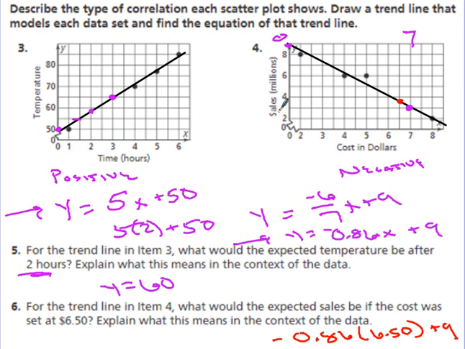Or I could actually solve the problem, and I could do 0.86 times $6.50. That gives me $5.59 plus 9. I'm sorry, I should have been minus 9. Whoops, I forgot about my negative. I'm just doing this on my calculator right now. I apologize. I have to do 9 minus 5.59.